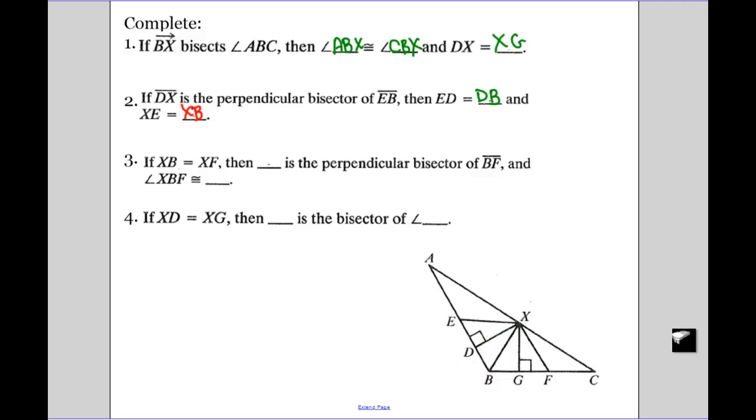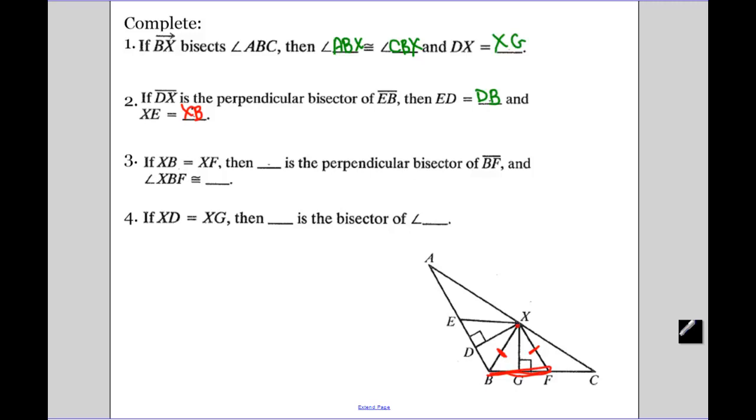All right, next example. If XB is equal to XF, then what is the perpendicular bisector of BF? So this is the converse of what we just did.